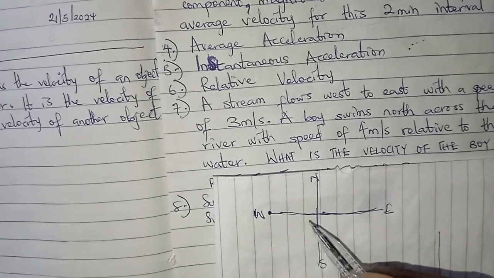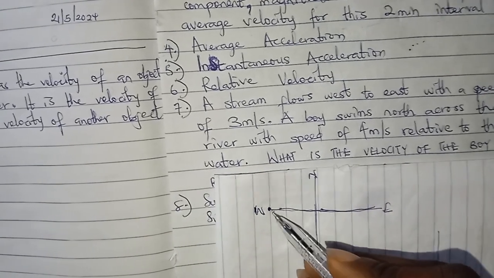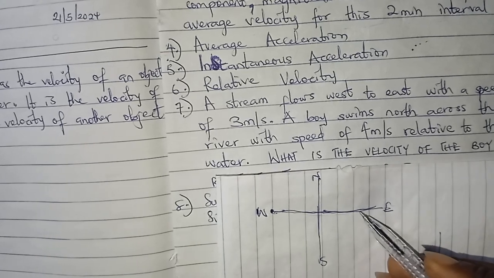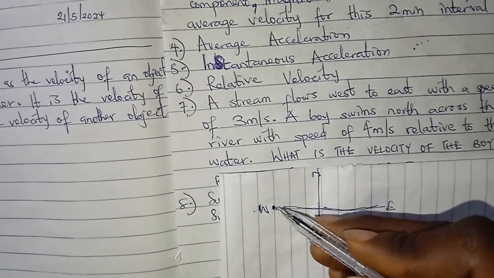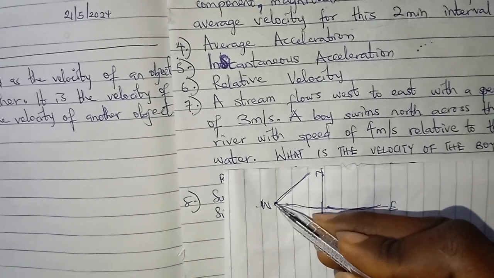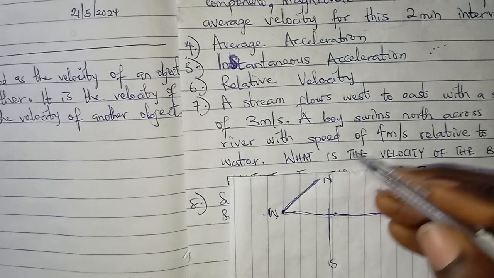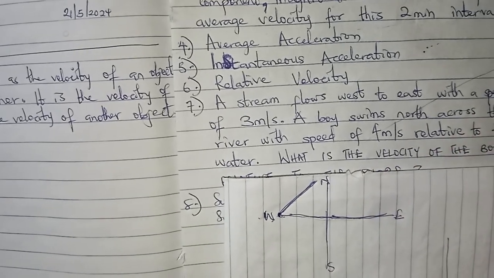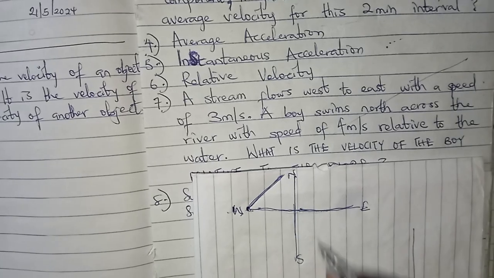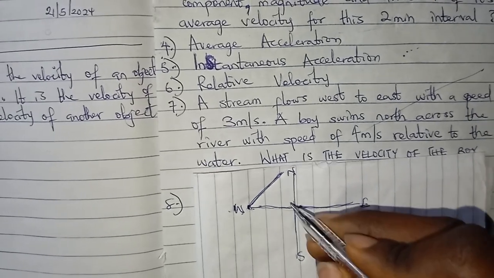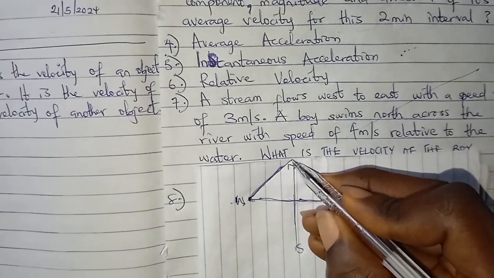But notice that if it's moving this way, it's simply going east directly. If it's moving this way, it's going west. So I need to show an angle to indicate west to east. It's from here, it will cross and come to the east. Are you seeing it? It can continue going this way.